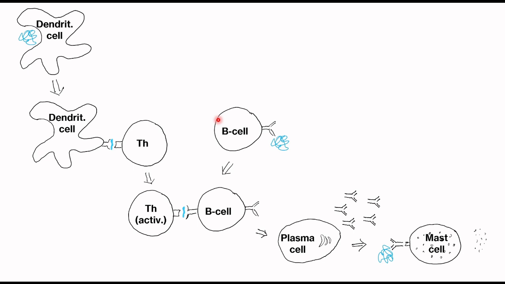Well, we said the penicillin is bound to a self-protein, so typically this is albumin or some other abundant protein in our body, but it's bound to one of our proteins.